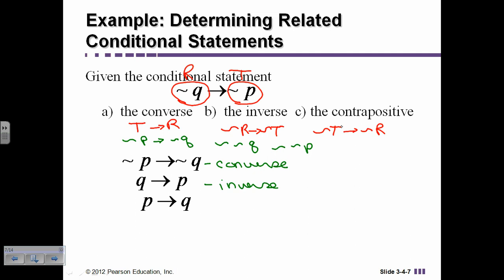The contrapositive, again, is the negation of T, which is the negation of negative P, and the negation of R would be the negation of negative Q. So again, the double negatives end up with P and Q, and that is your contrapositive. Okay? I hope this helps a little bit.